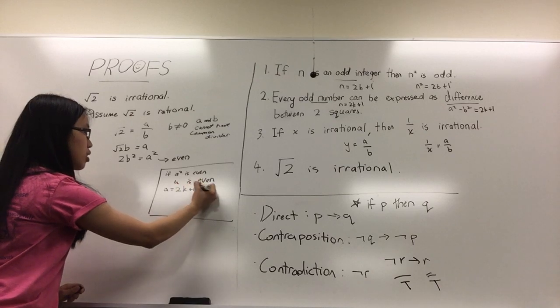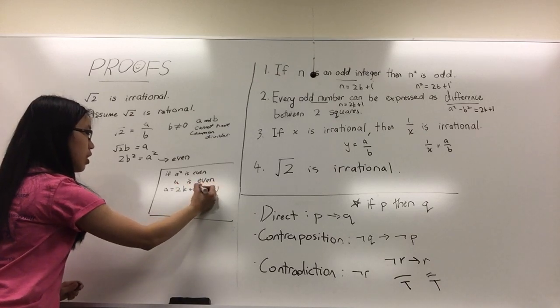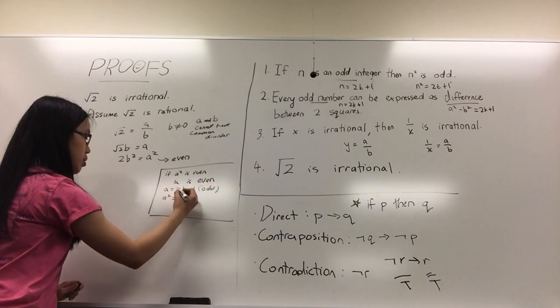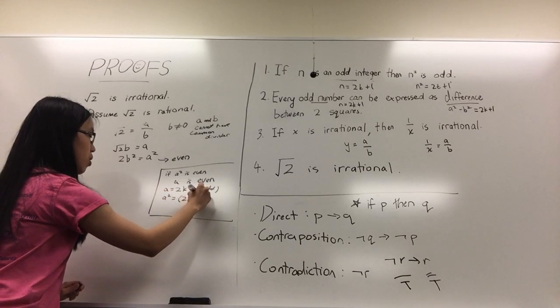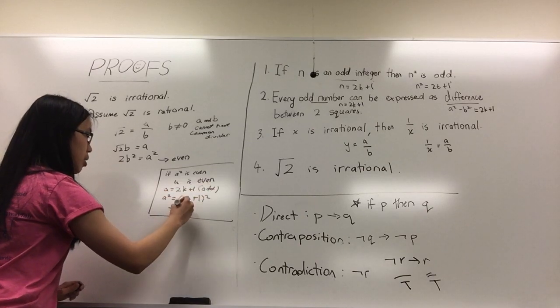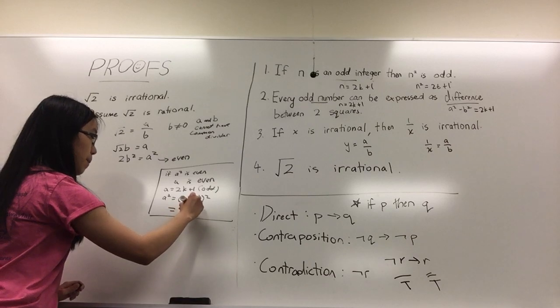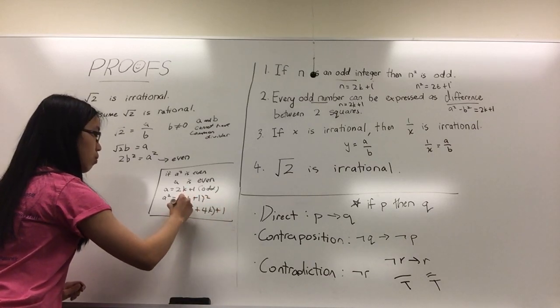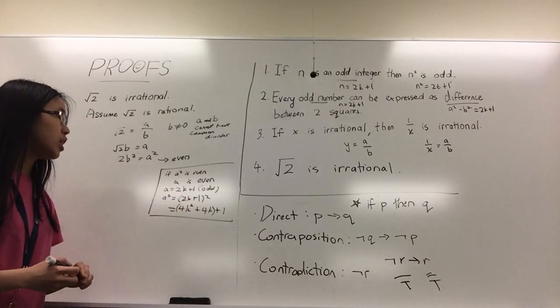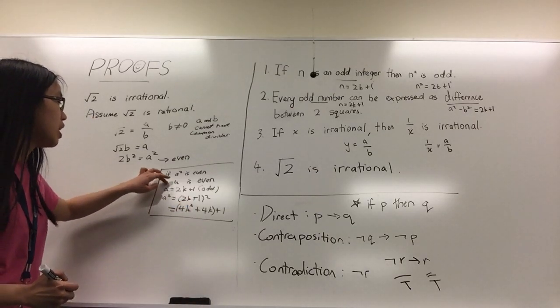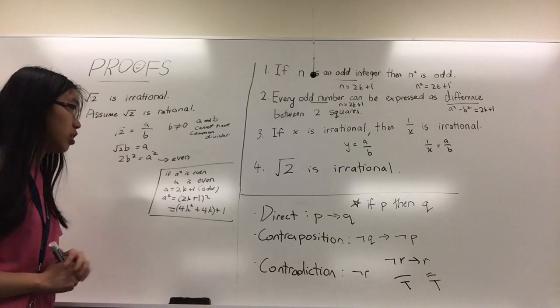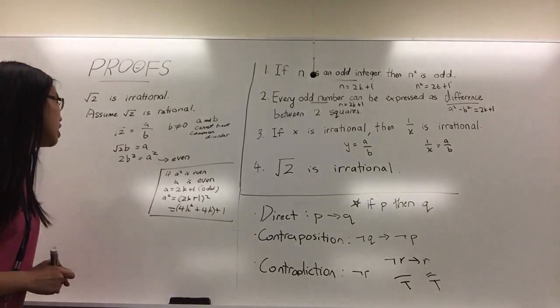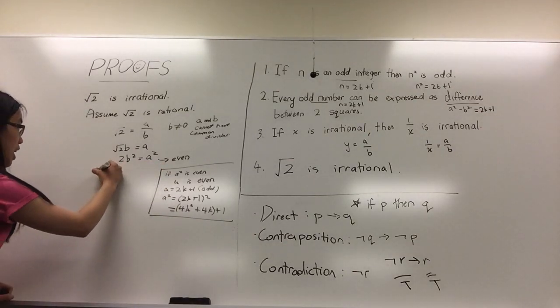So a is 2k plus 1. And a squared is 2k plus 1 squared, which ends up being 4k squared plus 4k plus 1, which is odd. So we have proven it the other way around: if a is odd, a squared is odd, which means that this statement is right. So from here, we know that a is even.